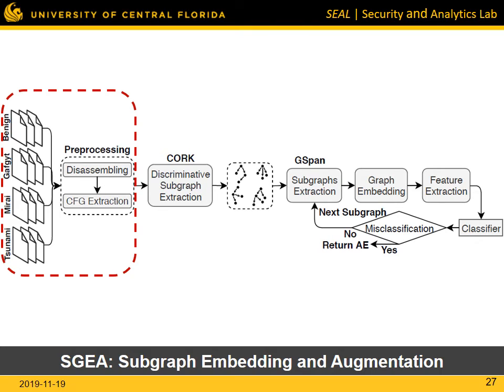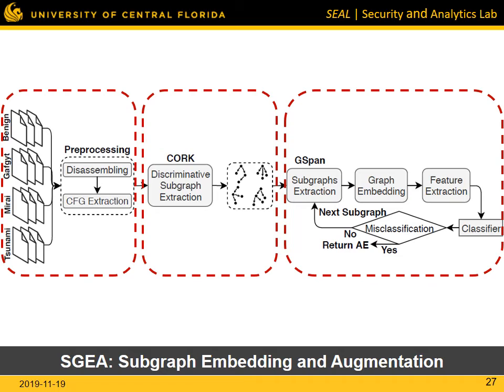And so first, we start with disassembling the samples and extracting the corresponding CFG graphs. Then we use an off-the-shelf algorithm called CORC, which is a greedy algorithm to search for the target pattern set to extract discriminative subgraph patterns from each malware family.